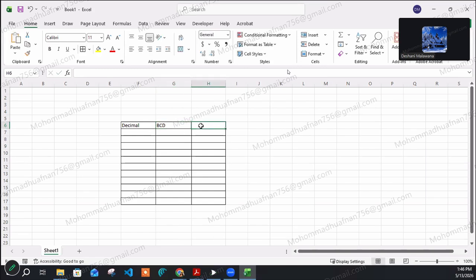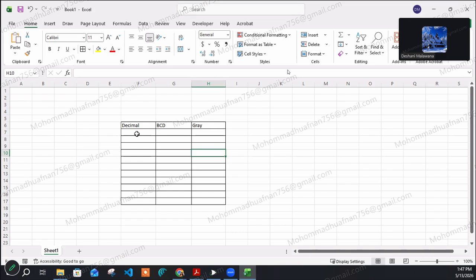So this is going to be BCD, then we are going to convert it as a gray code. So BCD to gray code in the sense what?